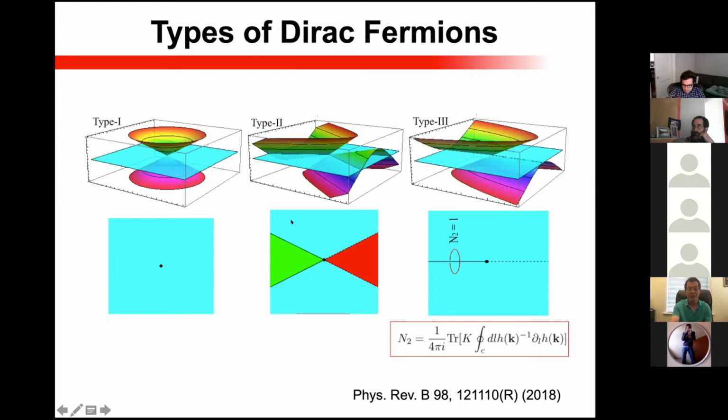In between these two types of Dirac cone, you can imagine there's one position where the Dirac cone edge lies horizontal, and then the Fermi surface becomes a line. For convenience, let's name this one type 3.